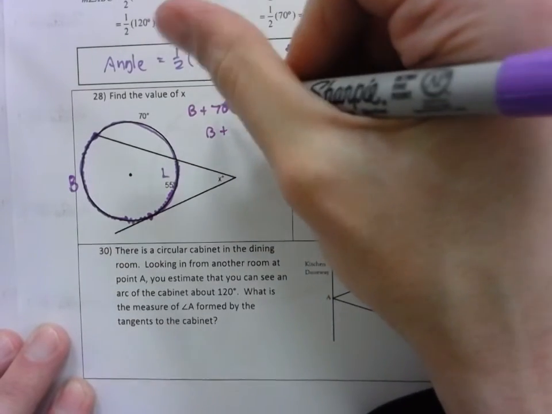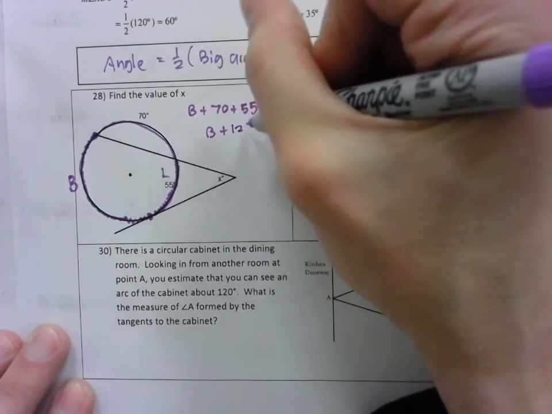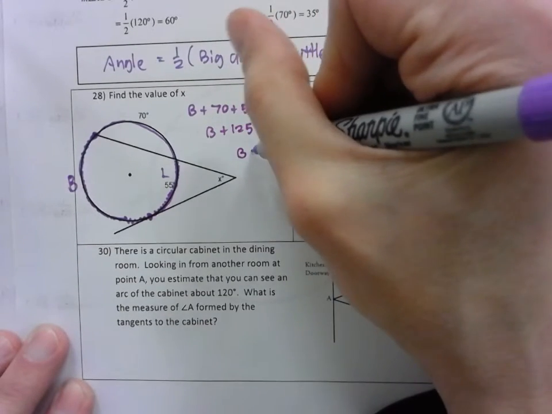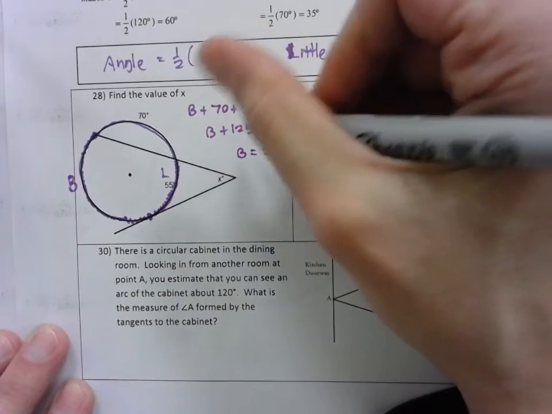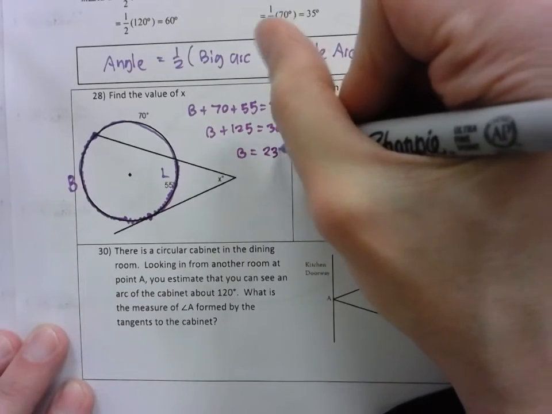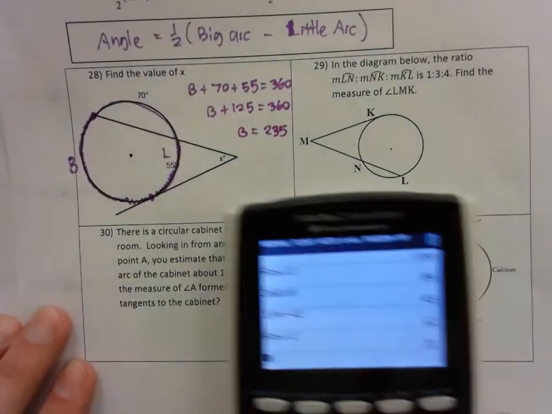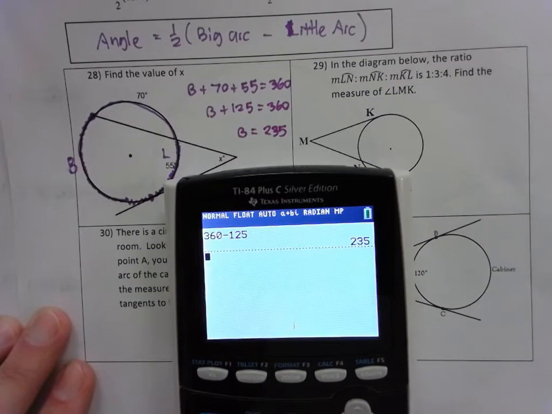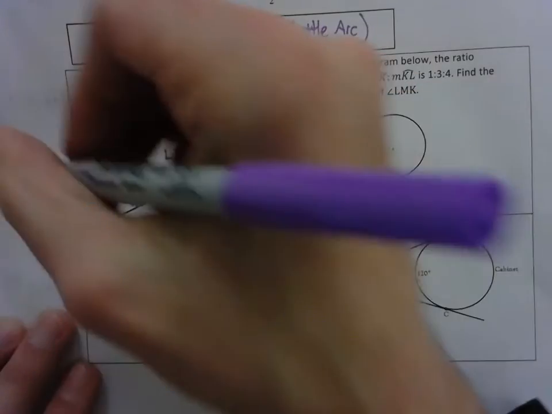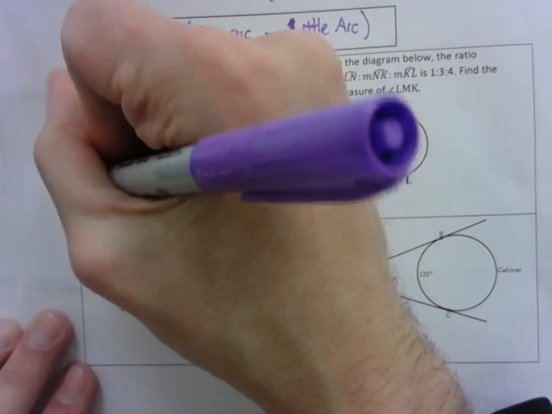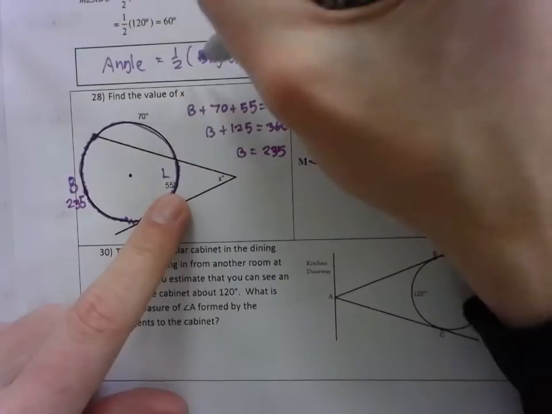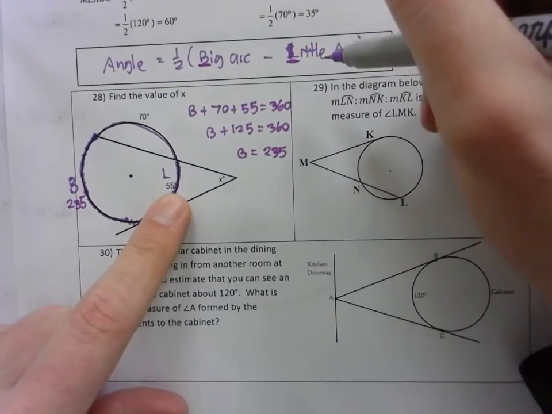Those two add to 125. If I subtract the 125 from 360, I'm going to get 235. Let me double check that, because my brain is maxed out. There we go, we got our 235 for our big arc. We'll call that B, and our little arc, L, is 55.